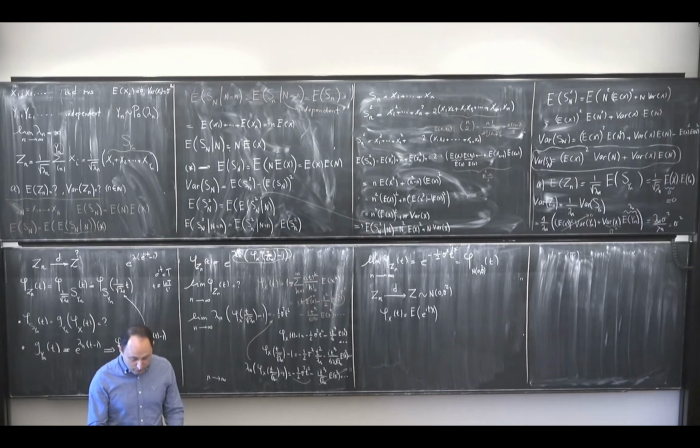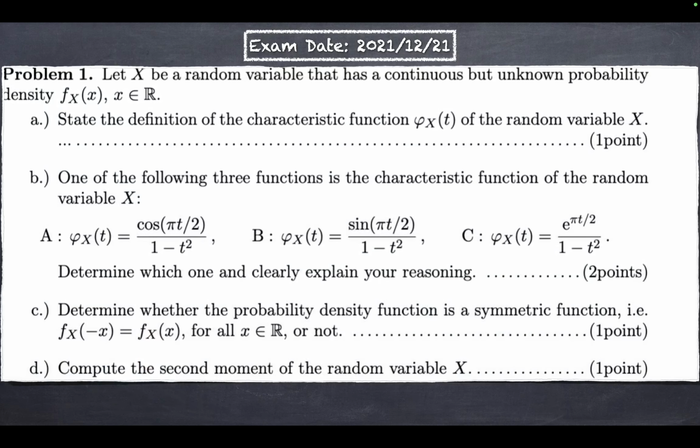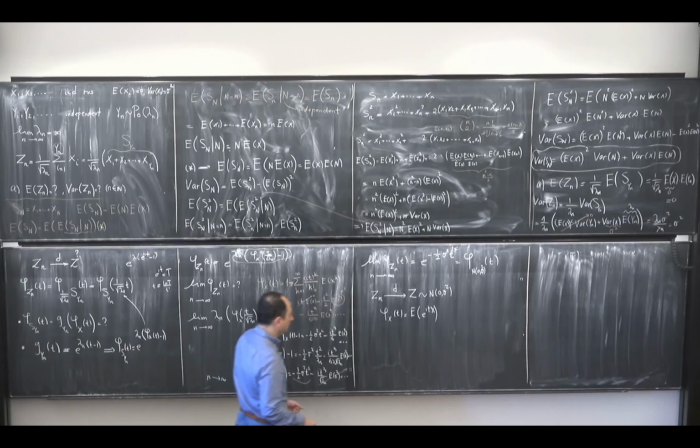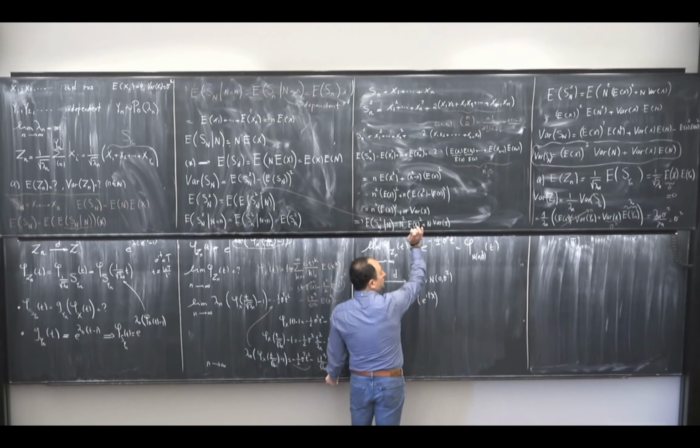They have given 3 phi's for you, and they are asking which one can be the characteristic function of a random variable. Okay, so what are these functions? You see them, a, b, and c. So let me write them here. Do you see why none of them can be true?